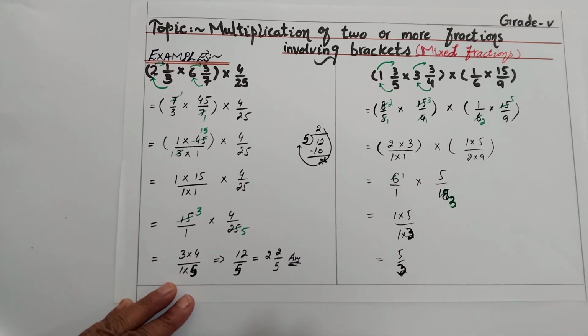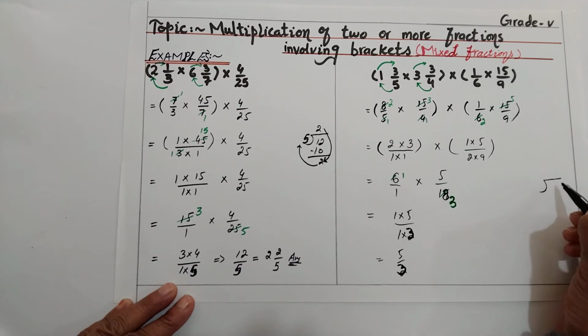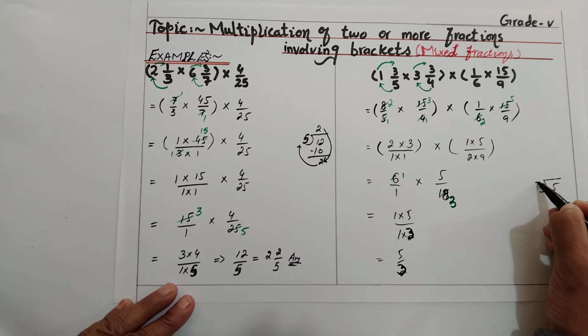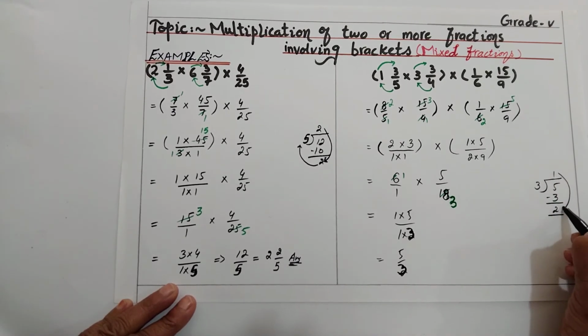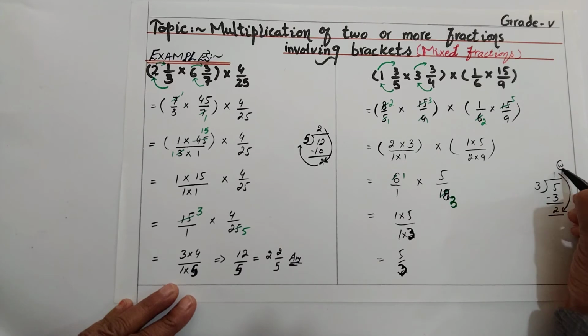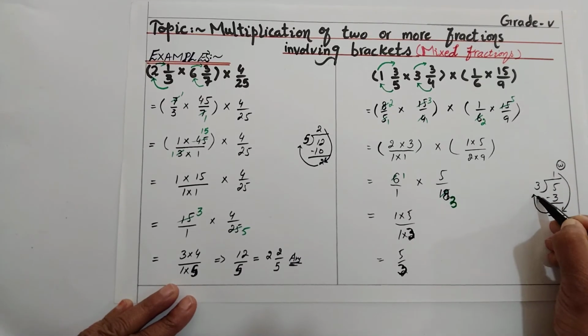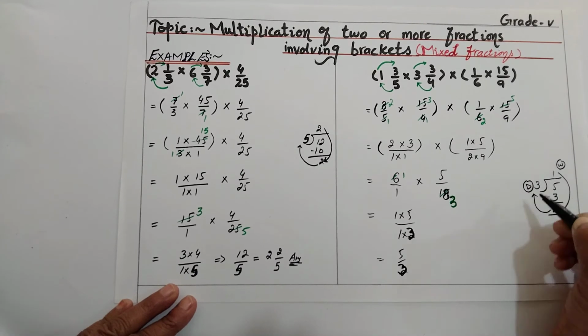So 5 over 3 is an improper fraction, so we have to write the answer in the form of mixed fraction. 3 ones are 3. 5 minus 3 is 2. So 1 will be the whole number. 2 will be the numerator and 3 will be the denominator.